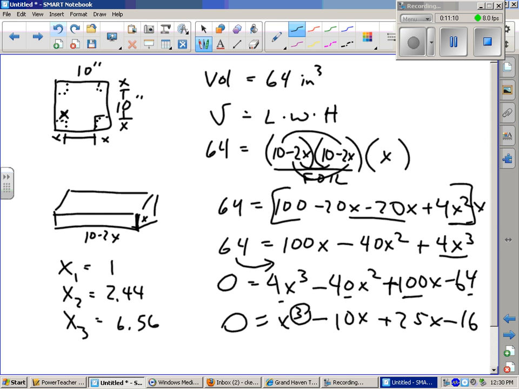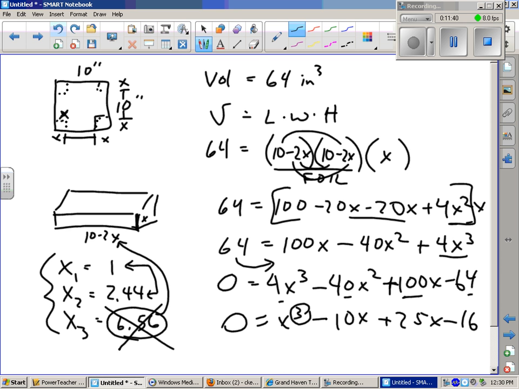So you go to your boss and say, okay, I found some dimensions we can use, and you give him these 3 answers. And your boss said, you're fired. And you say, wait, why? He says, well, one of those answers is just ridiculous. And you look at it and go, oh yeah, I can't have this one because if I put 6.56 in there, I'm going to have a number bigger than 10, so I'd have a negative distance. That does not work. So these 2 are the only 2 that are going to work.